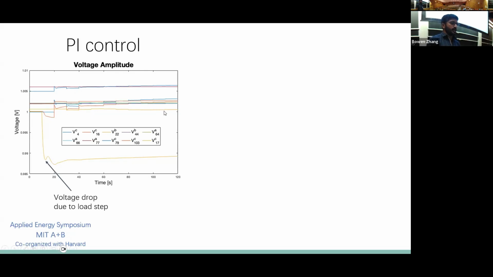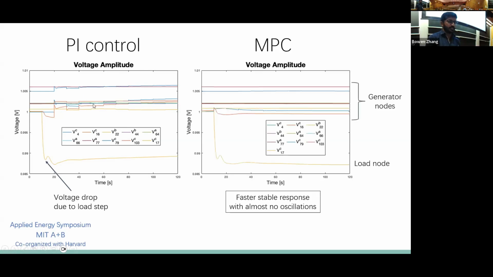This is the load step, the voltage drop at the node with the load due to the load step, and these are the voltages at all the other inverters or generators. We see that it takes some time for the voltages to settle back to the nominal steady value, and also there are some oscillations.